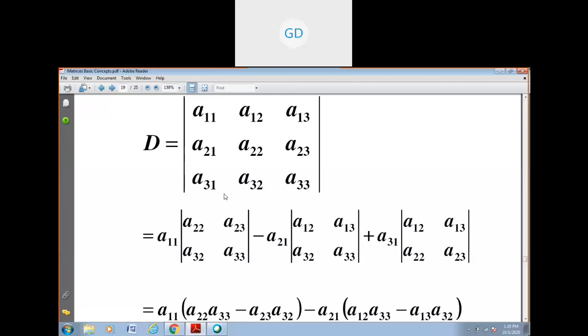So these two we have to omit. Now what is left? These four elements are left: A12, A13, A22, A23. These four elements are written here within a vertical bar, that is a determinant. So A31 into this. So the expansion along the first column is over.